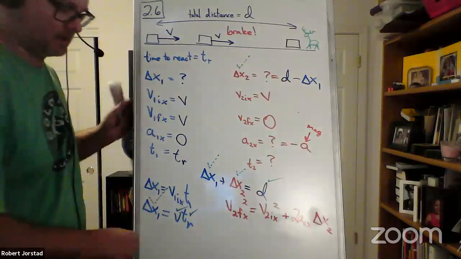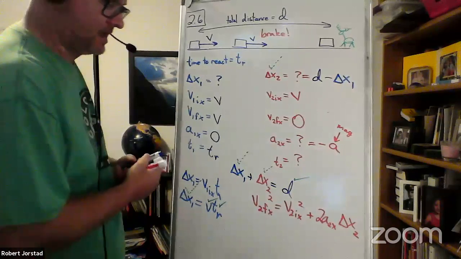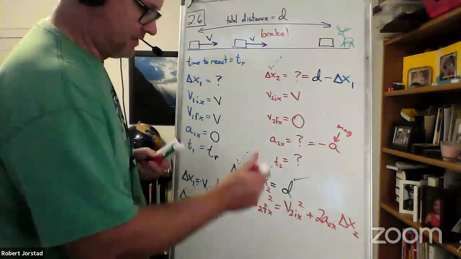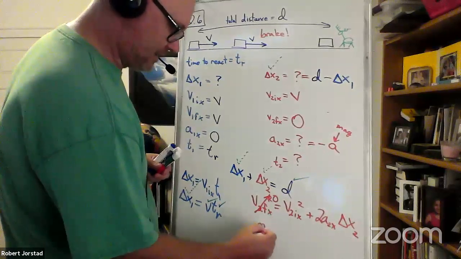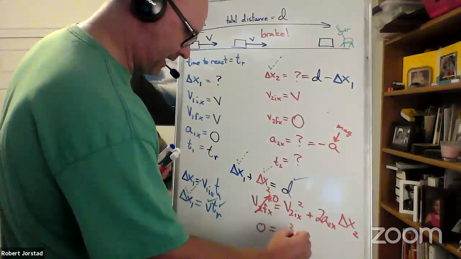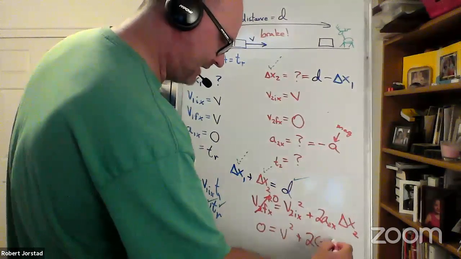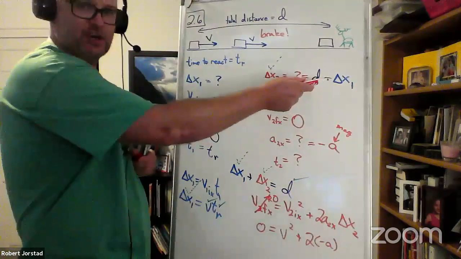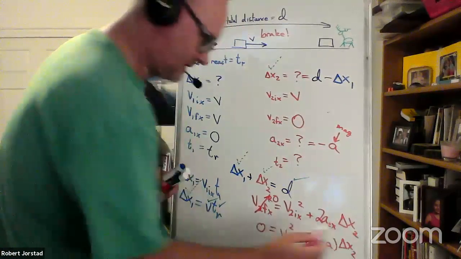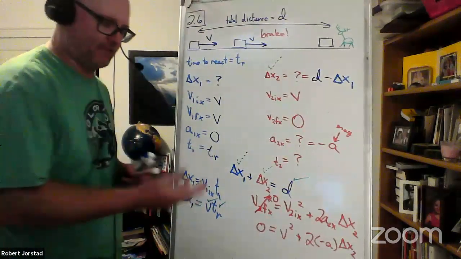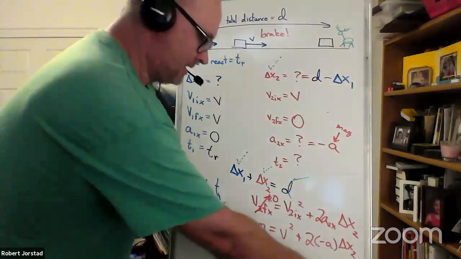So in this case, I know this is 0. And so I'll get 0 is equal to V squared plus 2 times negative A times this junk up here. And at some point, I've got to go to the solutions here to show you what this works out to be.